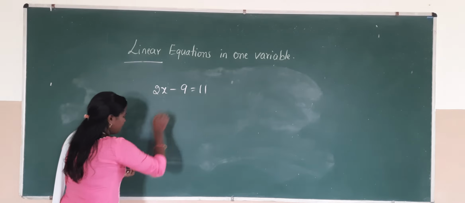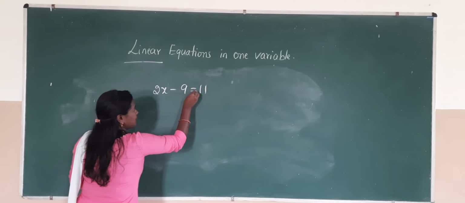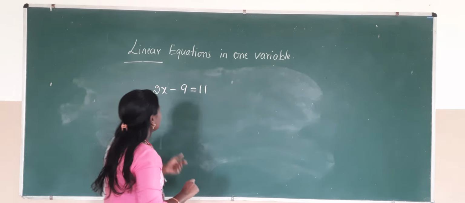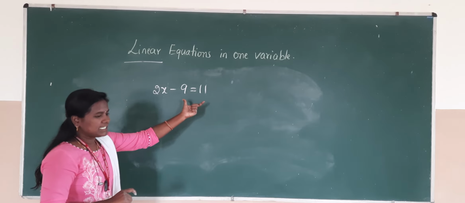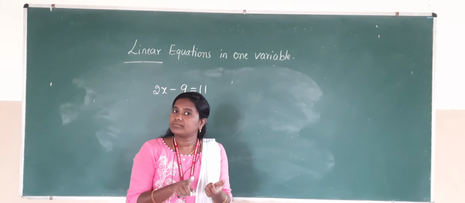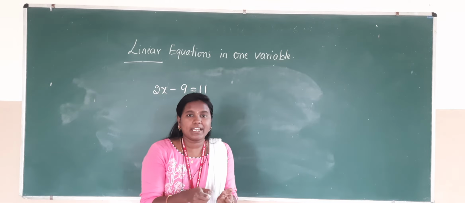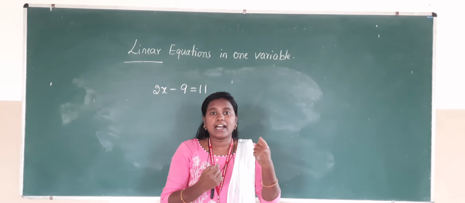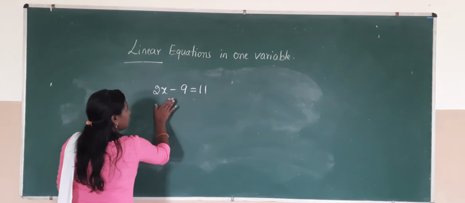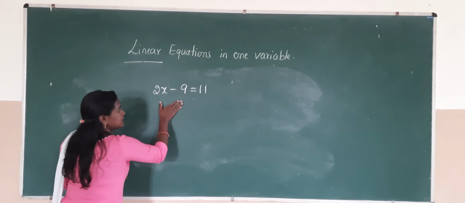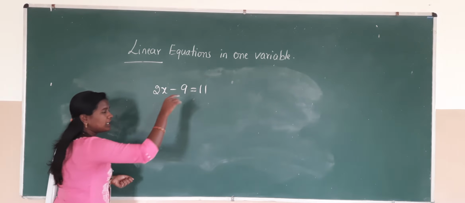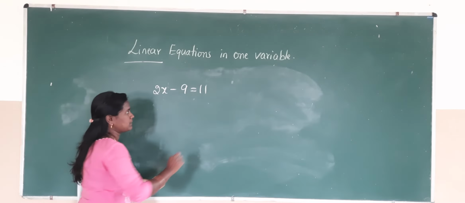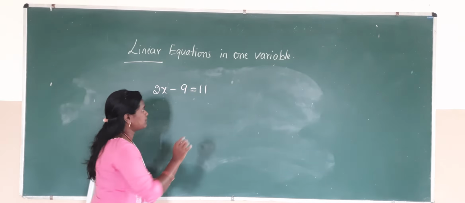An equation is an equality with the variables. It is an algebraic expression involving an equal sign. 2x minus 9 is an algebraic expression, and 11 is also an algebraic expression.